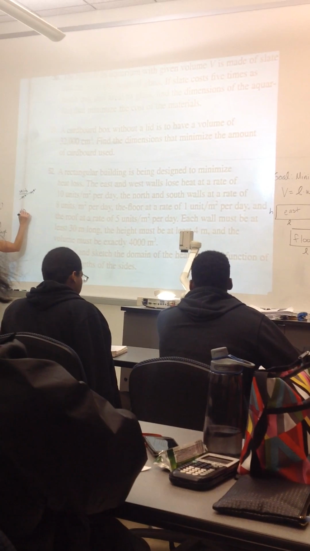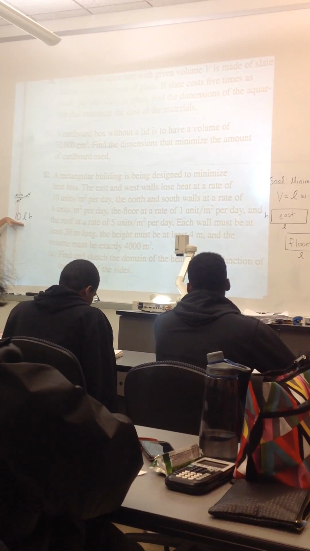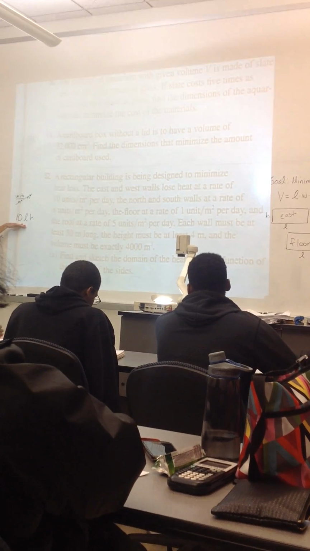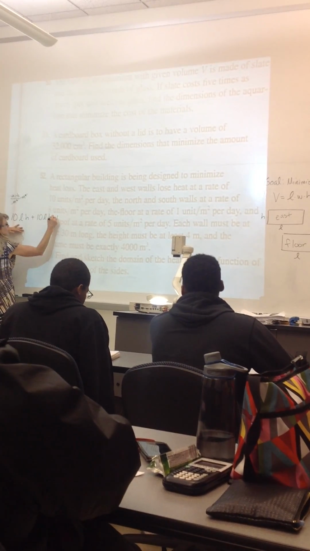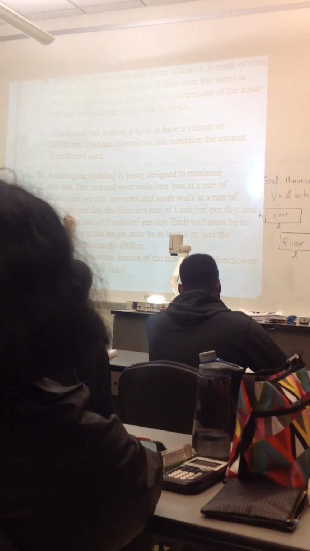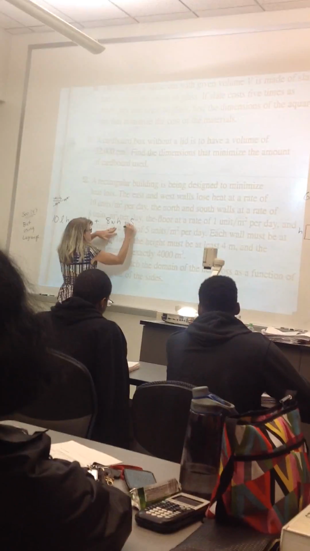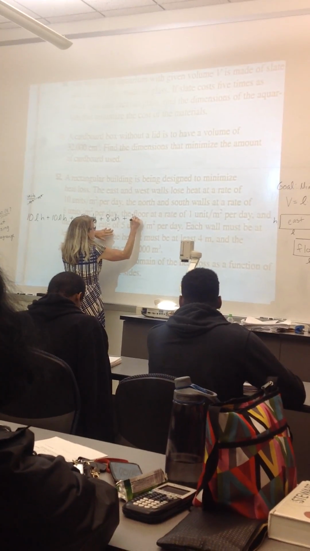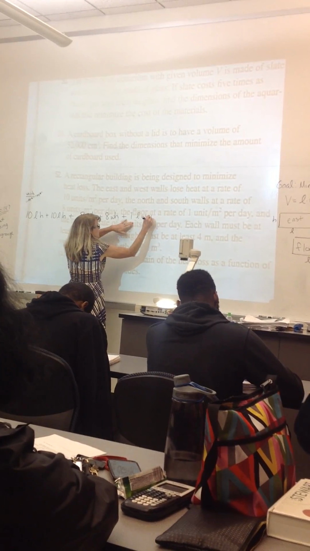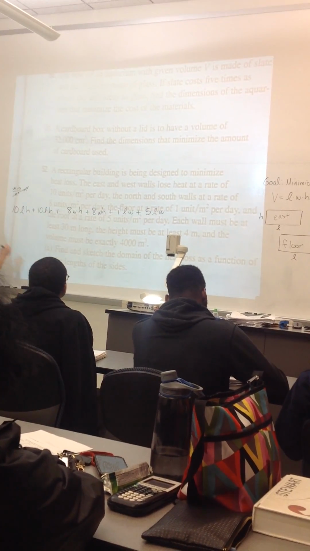Okay, so 10 times length times height is how much heat is lost by the east wall, but the west wall loses the same, and then the north wall loses this much heat, and the south wall loses this much heat, and the floor loses this much, and the roof loses that much.